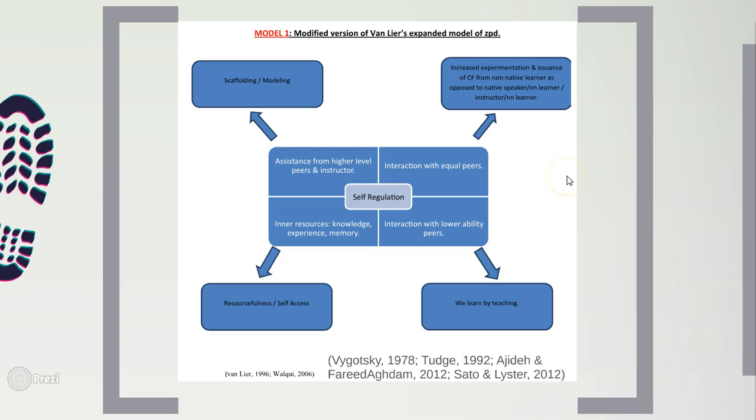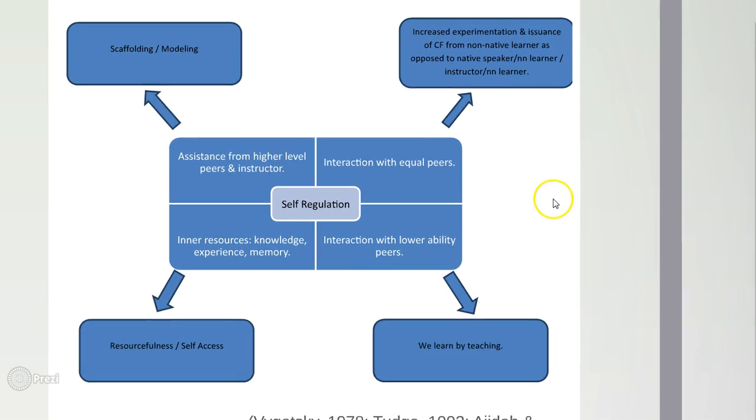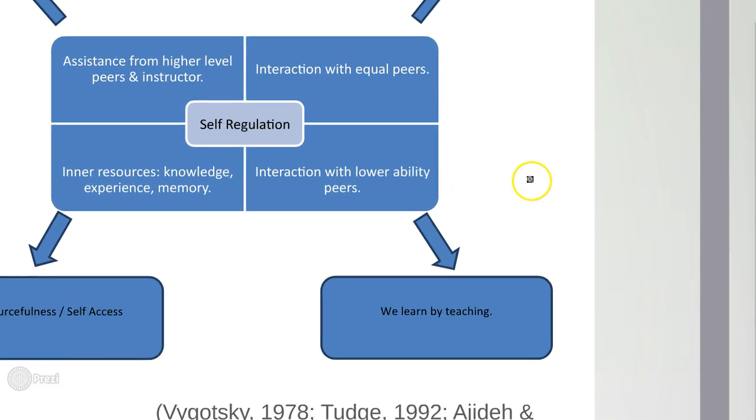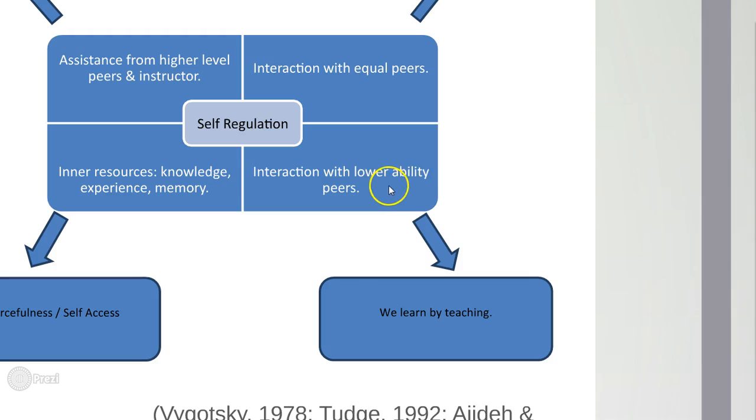Beginning in the lower right-hand corner, our learner, when interacting with lower ability peers, may practice and solidify his or her knowledge of a particular exercise by teaching, reviewing, discussing, and correcting the verbal or written production of a peer.